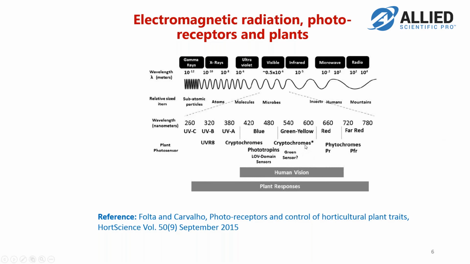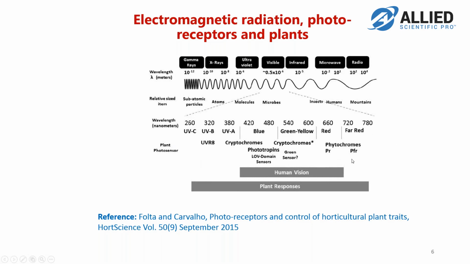Then you have the phytochromes, and there are two types, PR and PFR, that absorb in the red and far red region. They have very useful effects for plants and are responsible for several functions, which I'll describe later.